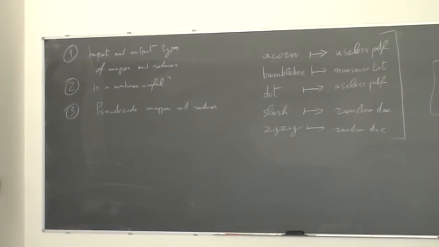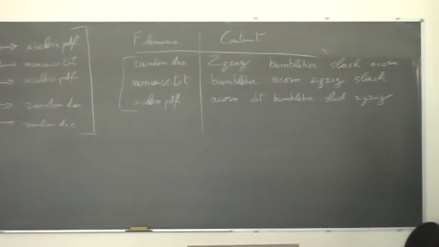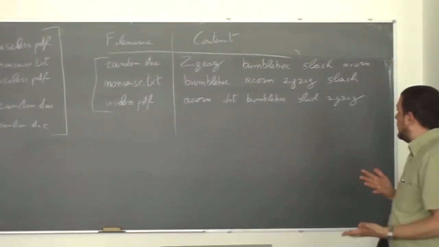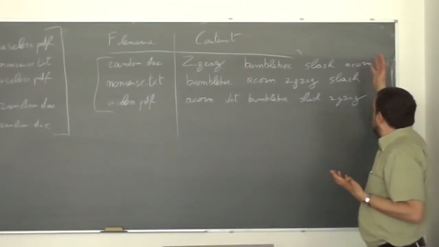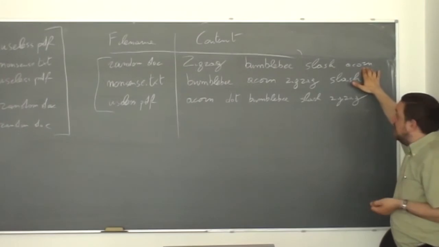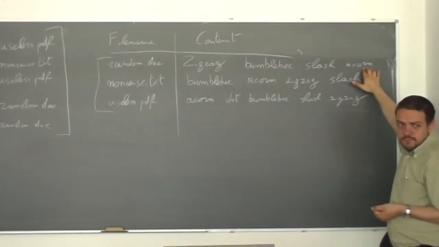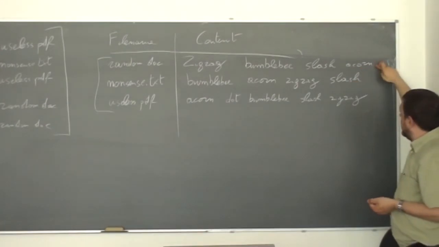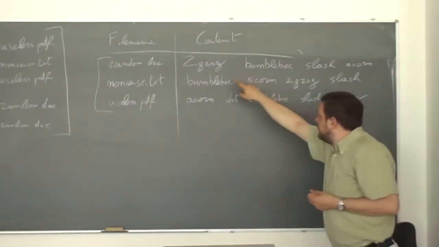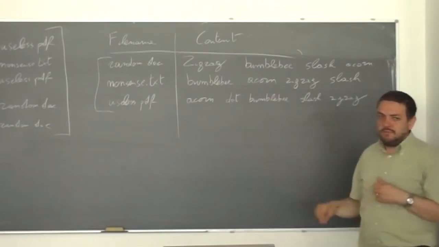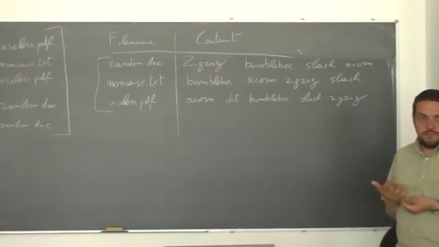I mean, think of how you solve this problem by hand, in your mind. You need to look at a term, for example, acorn. You need to browse all documents to see the first occurrence of acorn in each document.